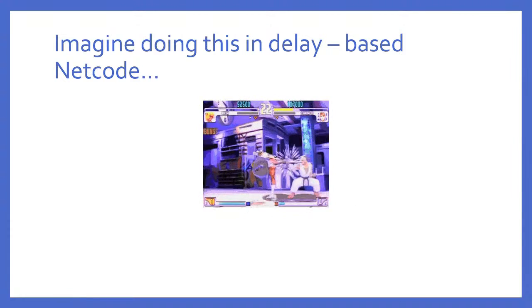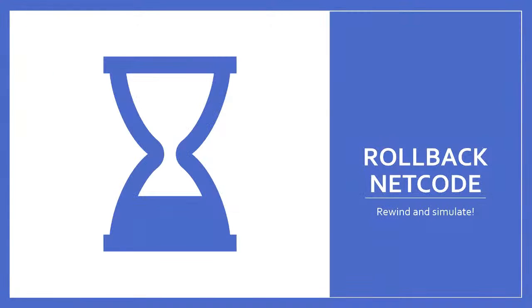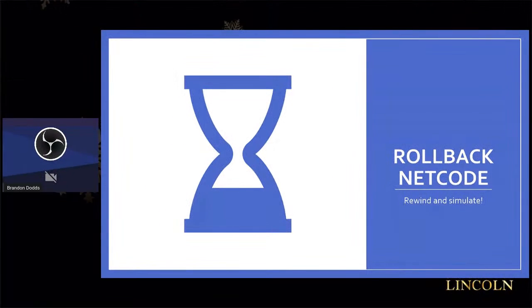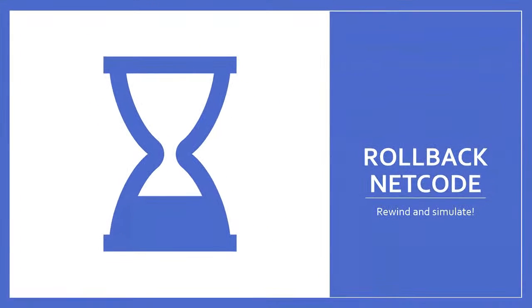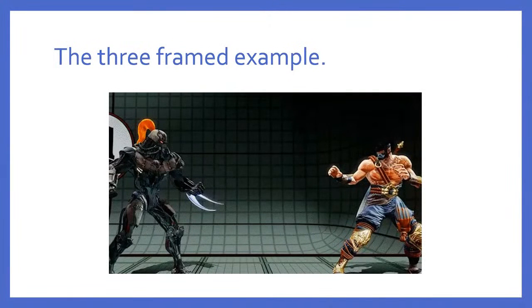So the more effective way of handling the syncing of two machines is using what's known as rollback netcode, where the entire purpose is to rewind and re-simulate the game. This is where stuff gets complicated. Let's say that these two players here, sorry, I forgot to add the game.